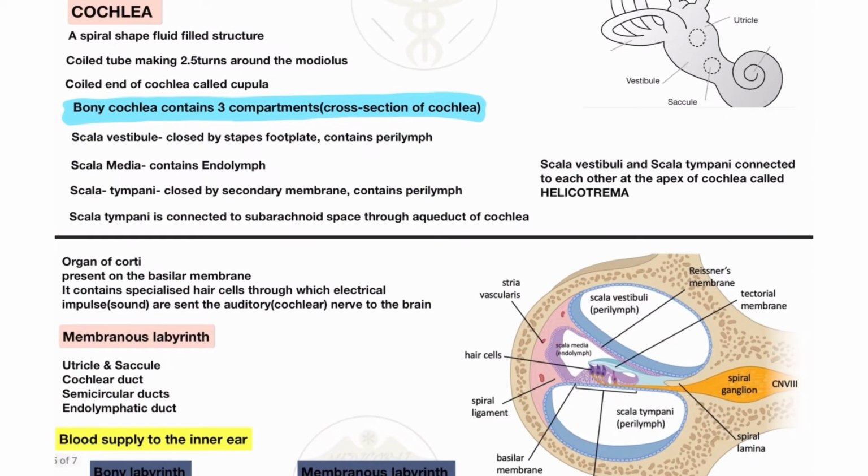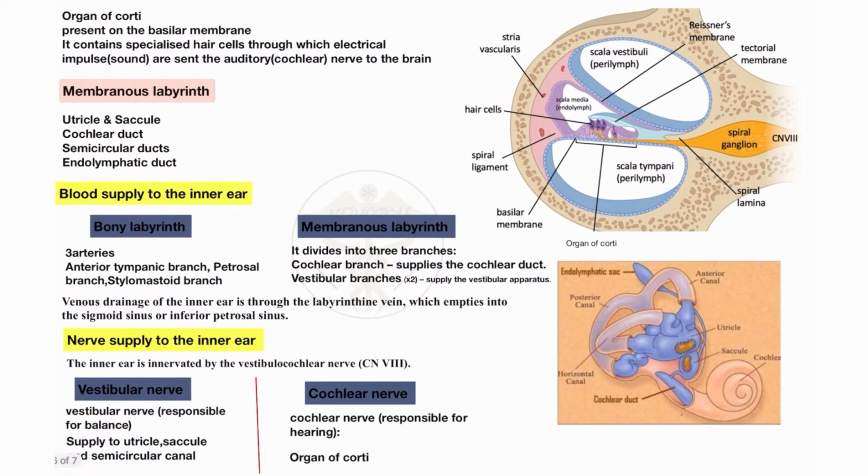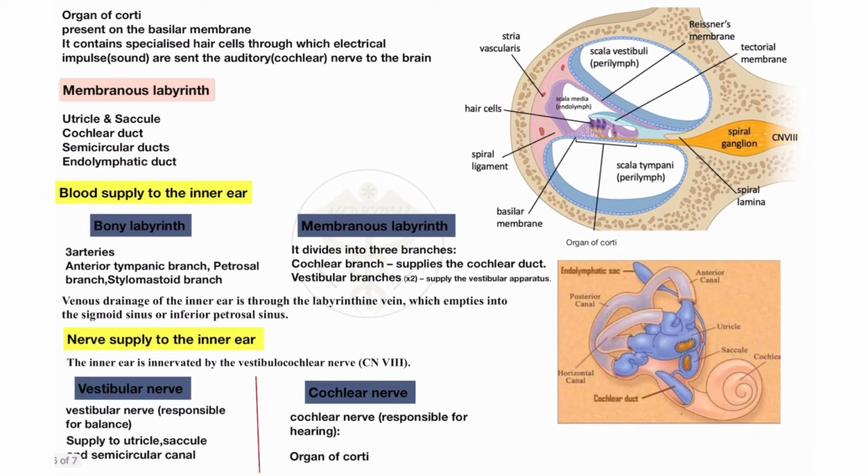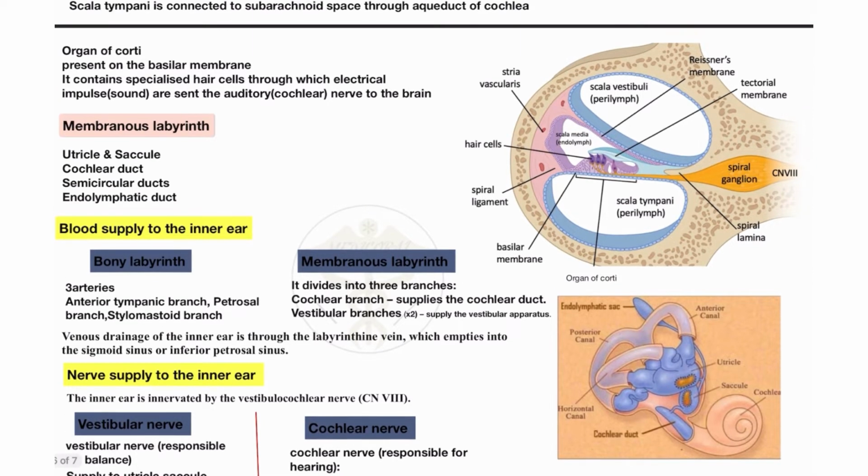Let us look at this image. This is a cross section of the cochlea. You will see this part is the scala vestibuli, this is the scala media, and this is the scala tympani. This part is filled with perilymph, this part also is filled with perilymph, but the scala media is filled with endolymph.